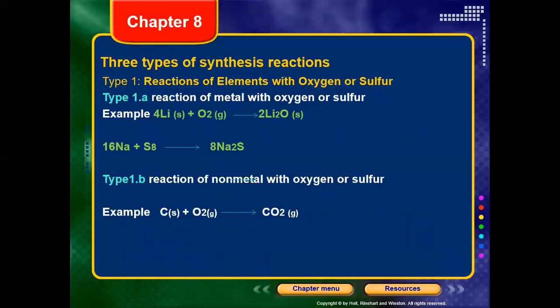Now we will go through the 3 types of synthesis reaction. Type 1, reactions of elements with oxygen or sulfur. Type 1A, reaction of a metal with oxygen or sulfur. Example: lithium reacts with oxygen. Why do I write O2, not O only?